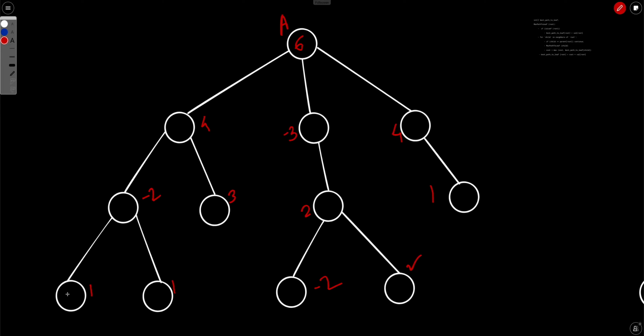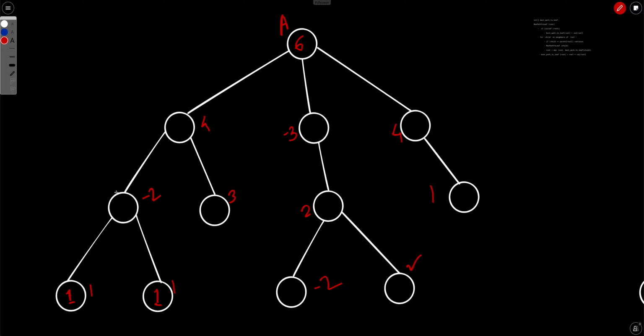What is the value of this node? The value of this would be 1. By the value of a node, I mean if that is the only node in the tree, what is the optimal path for Alice? Because there is only one node in this particular tree, the value would be 1. Similarly, there is one node in this tree, so the value would be 1, right?